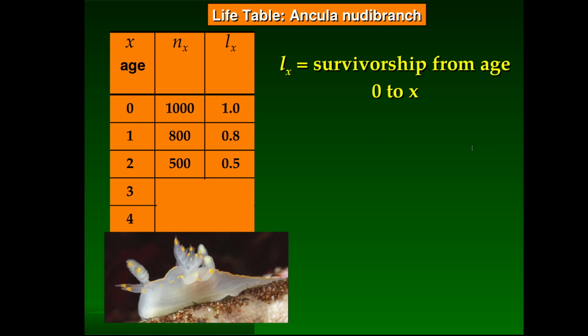This gives a survivorship of 0.5 from age 0 to age 2. And at age 3, only 100 remain, so survivorship is 0.1 from age 0 to age 3. 100 over 1,000 is 0.1.